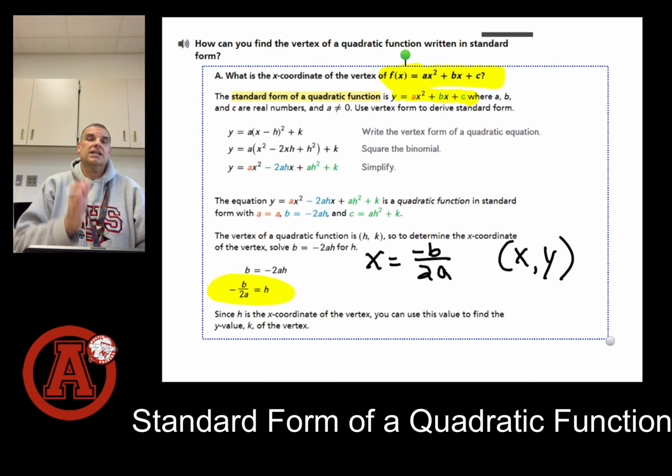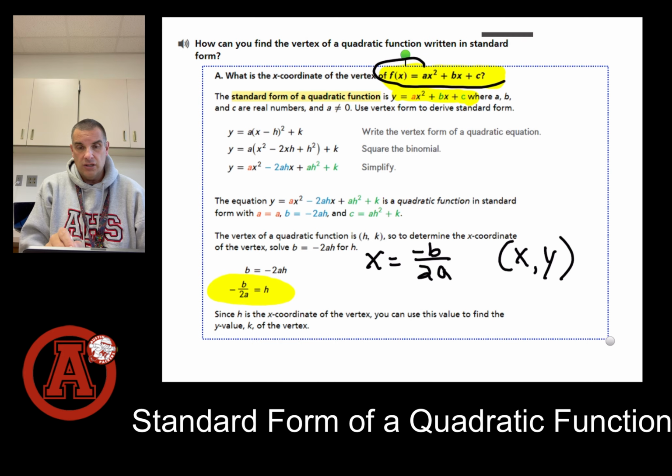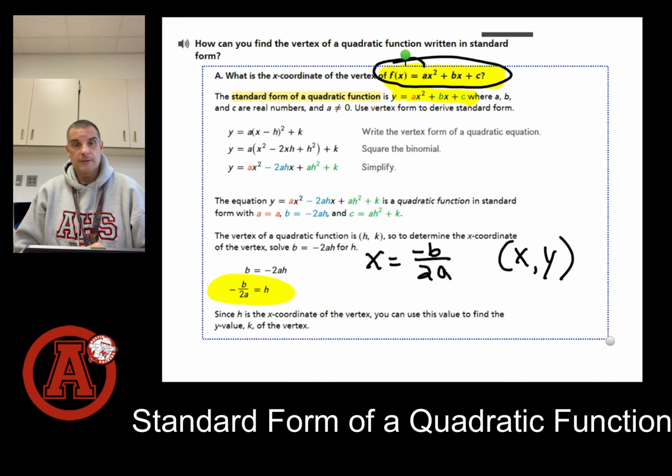So that's telling us that vertical line as well. So it's really doing two things. It's giving us the axis of symmetry, the x value, but it's also allowing us to find the vertex by plugging that x value in. So that's the standard form of a quadratic function.